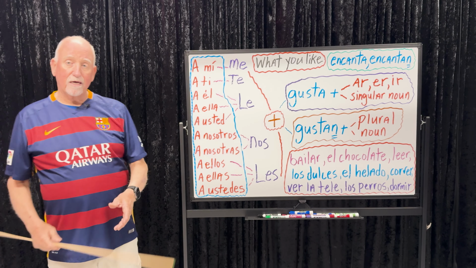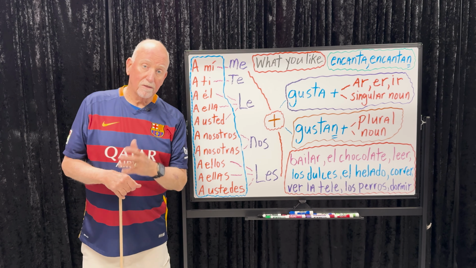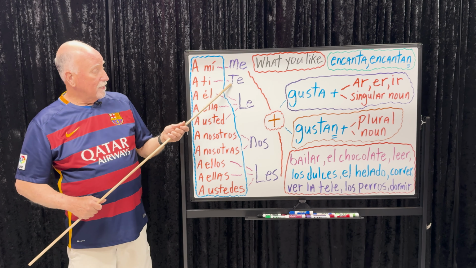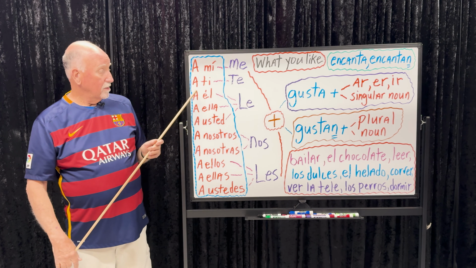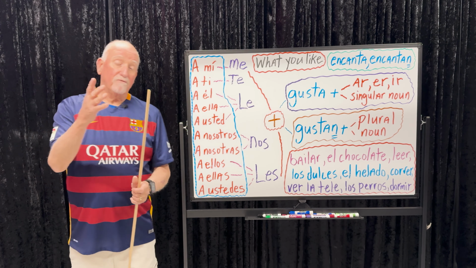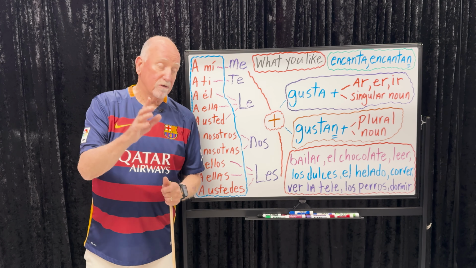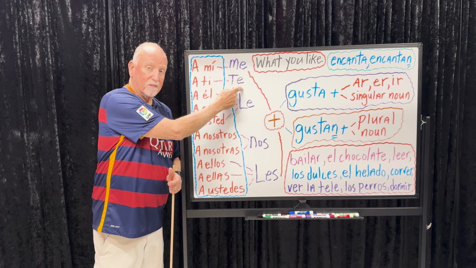Okay, another example. Do you like chocolate? ¿Te gusta el chocolate? Or, ¿a ti te gusta el chocolate? But if I want to ask an usted person, this is te. That's when you're on a first name basis with someone, the familiar form.